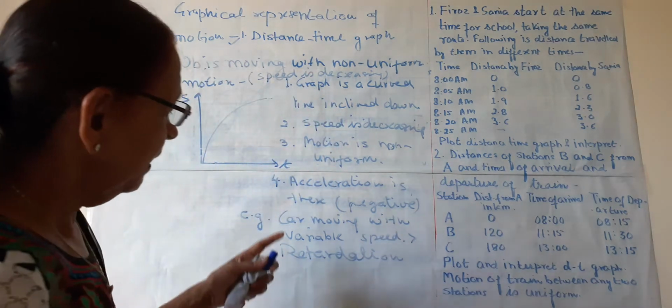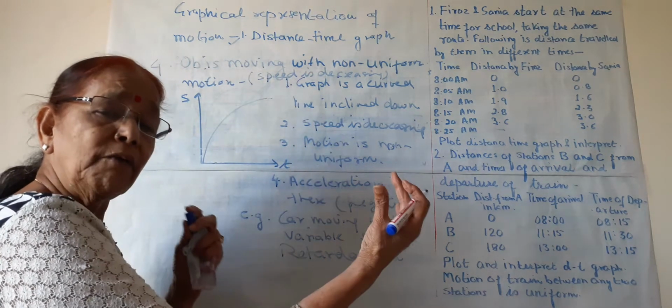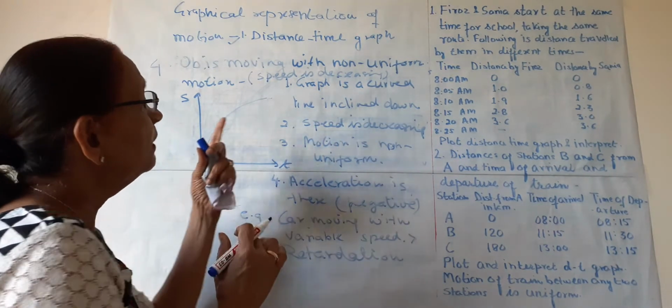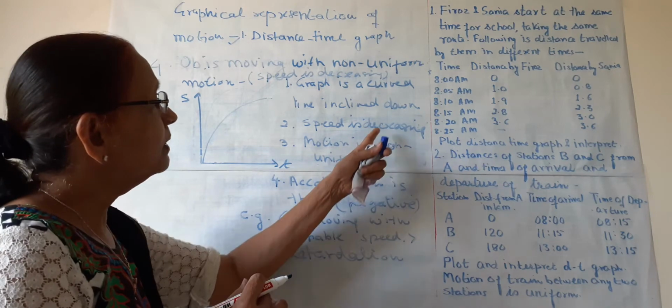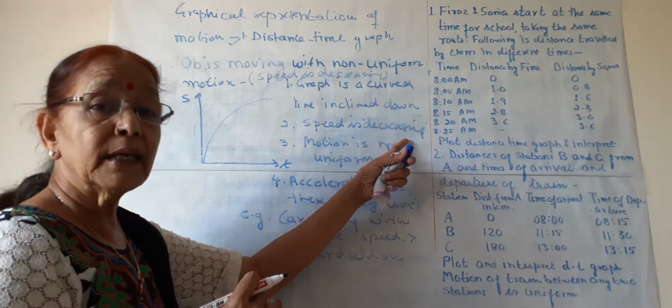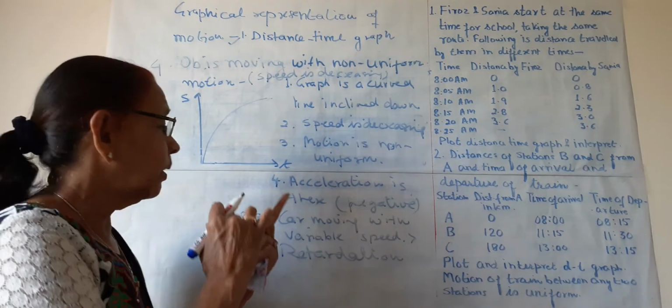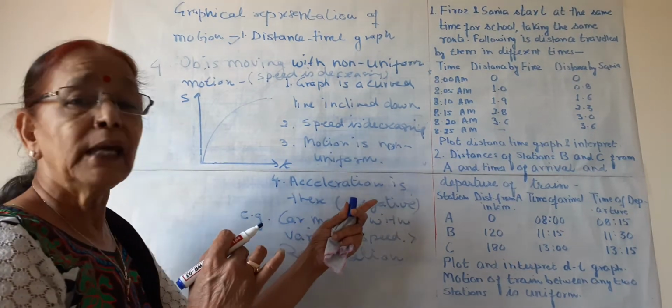What does it mean? It means the final velocity is less than the initial velocity. Why will the final be less? Because the speed is decreasing. So final will be less, initial will be more, and the acceleration is negative.